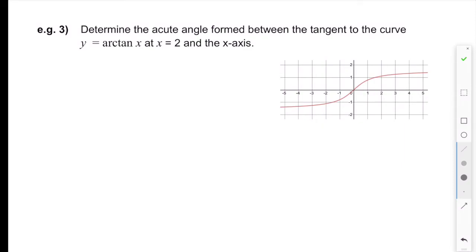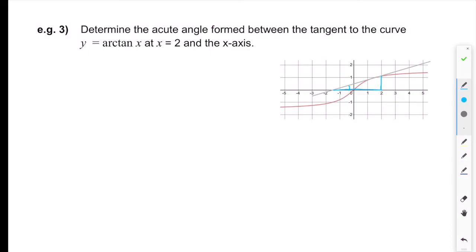Let me try to draw the tangent at x equals 2. And we're interested in the angle between this line and the y-axis. So here we go, this angle here. In some ways, we can make use of the rise over run, or the right triangle drawn anywhere using this tangent.